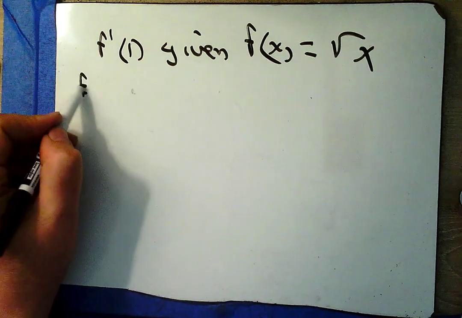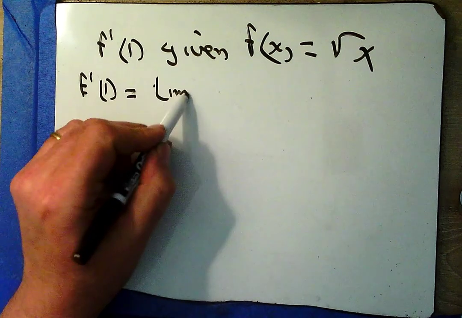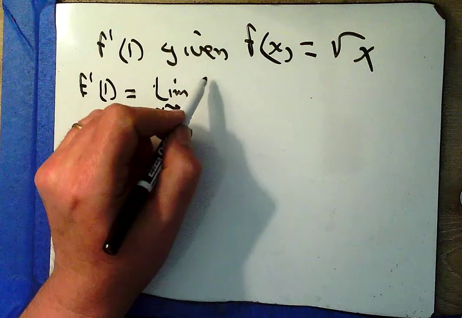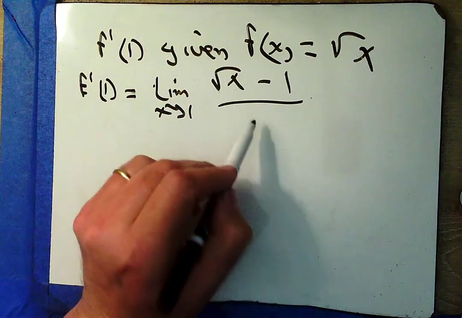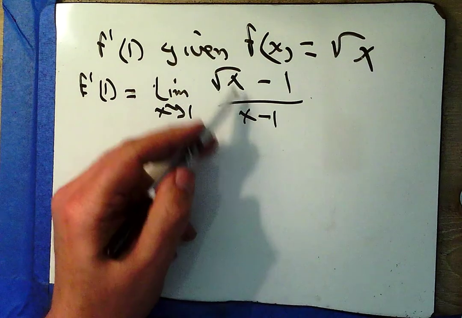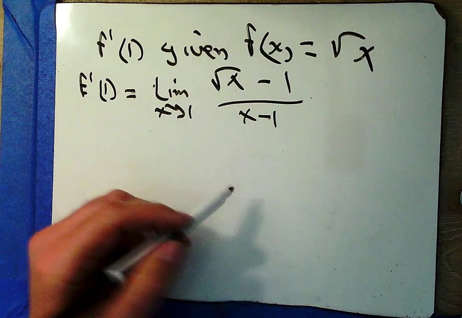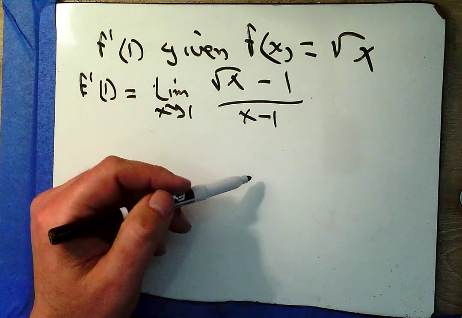So f prime of 1 equals the limit as x approaches 1 of square root of x minus square root of 1, which is 1, over x minus 1. And if I plug in the 1's, I get 0 over 0. So I know this needs to be rewritten, but I don't know how.